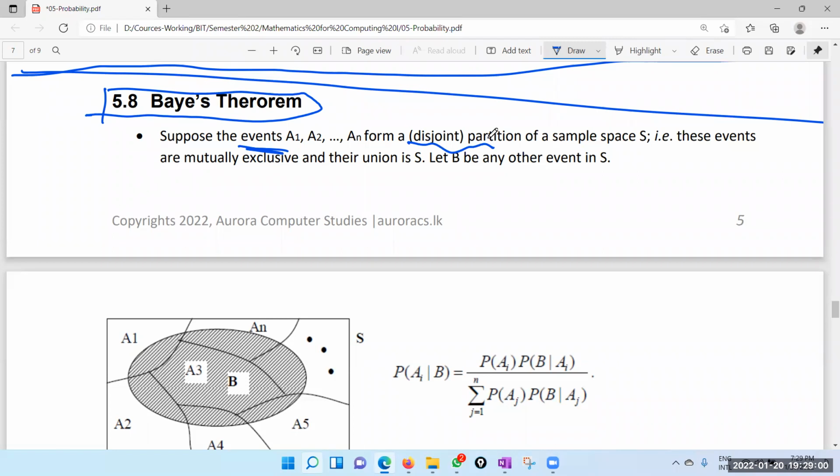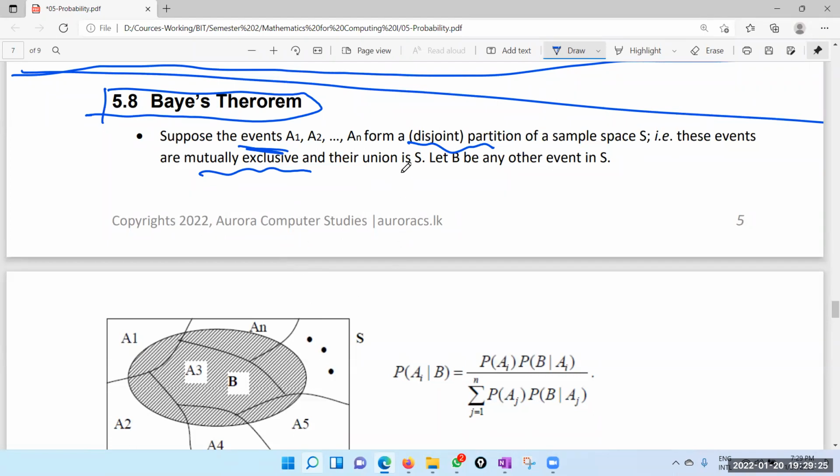So suppose A1 to AN are events, and not only are they events, they are disjoint events, or mutually exclusive events. In probability terminology, disjoint events are called mutually exclusive events. That means none of those events can happen at the same time. No outcome will satisfy more than one event.